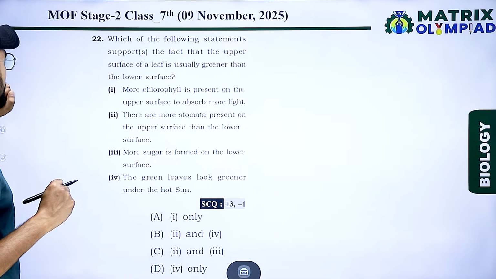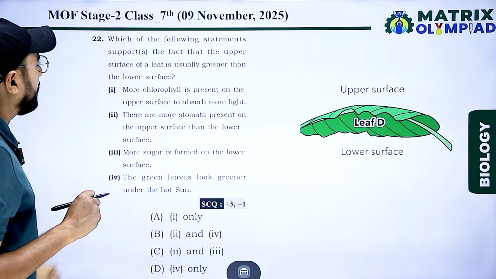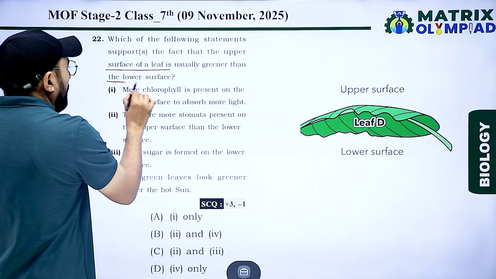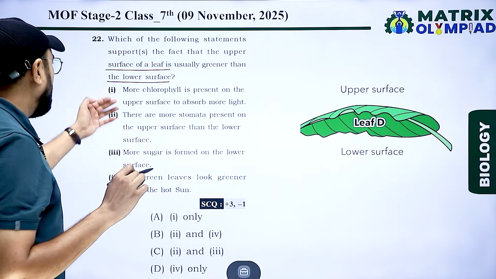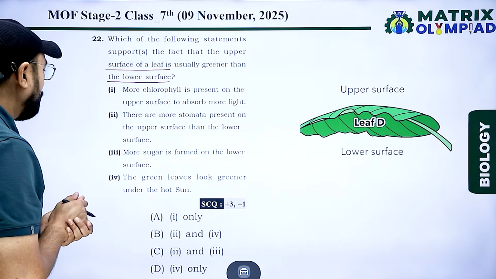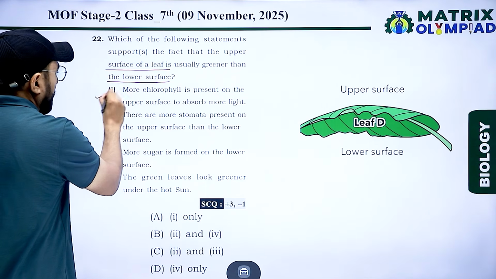Next, which of the following statements supports the fact that the upper surface of the leaves is usually greener than the lower surface? More chlorophyll is present on the upper surface to absorb more light, yes.